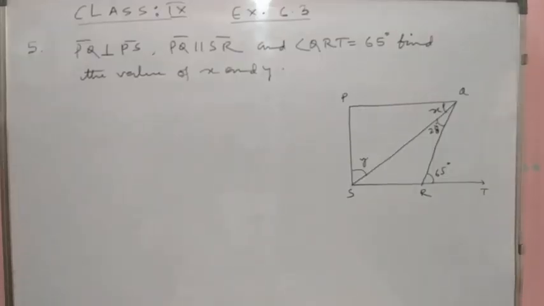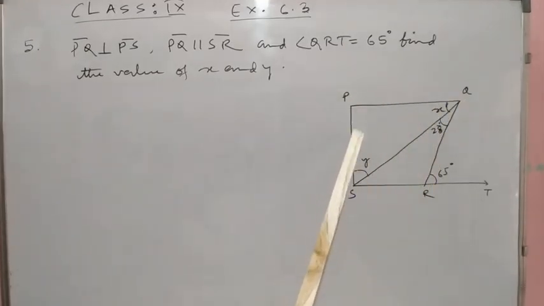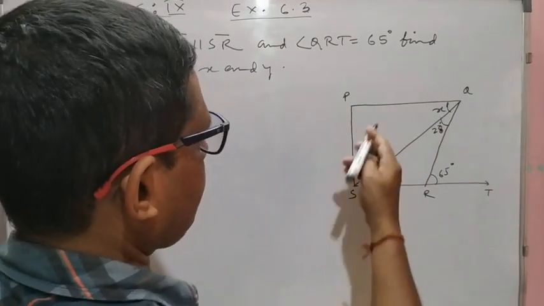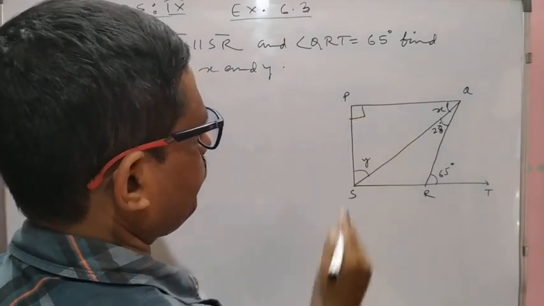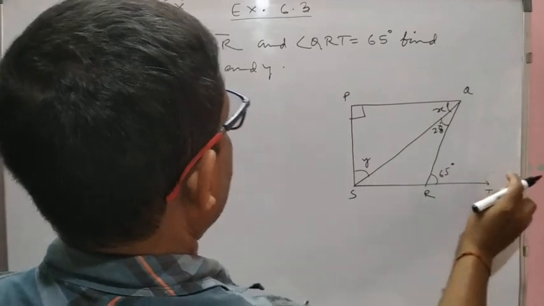Okay, now see here. PQ is perpendicular to PS, that means this angle is 90 degrees. PQ is parallel to SR, this is parallel to this line.